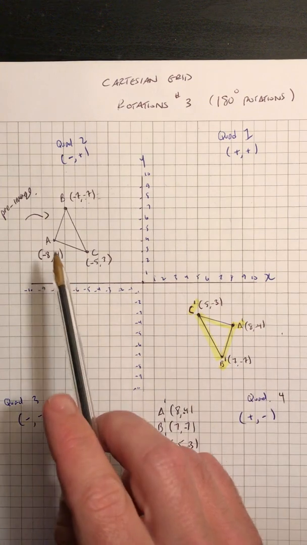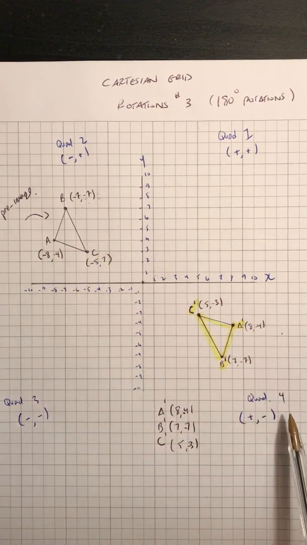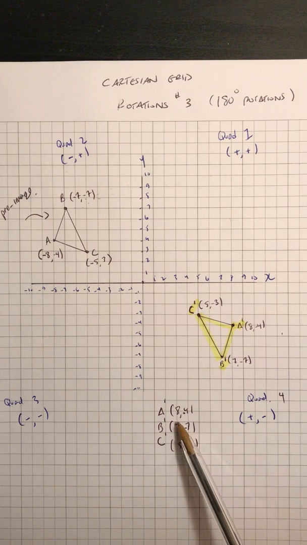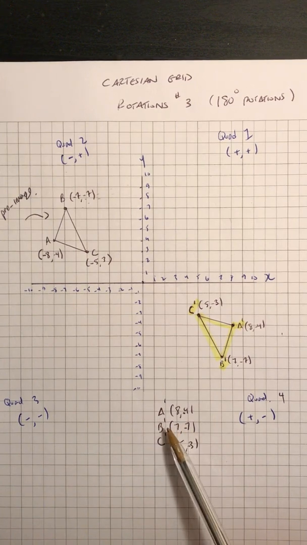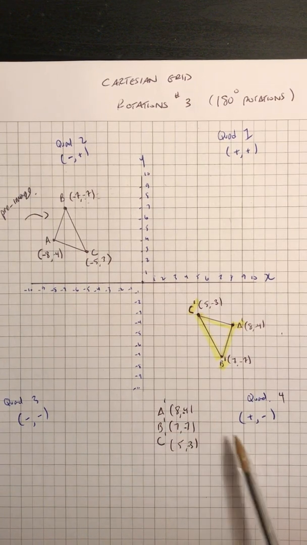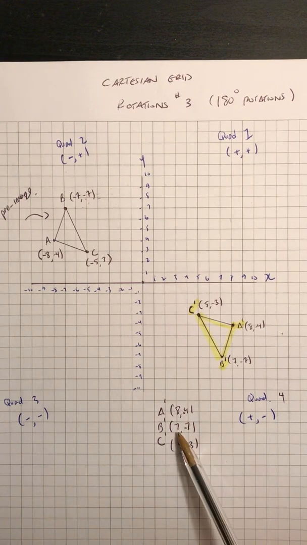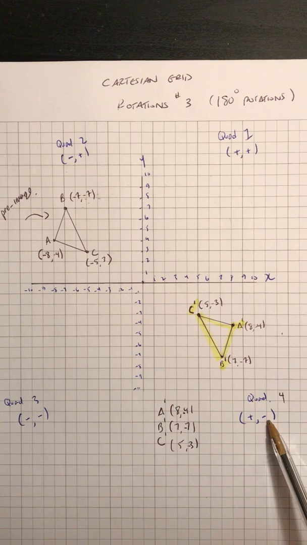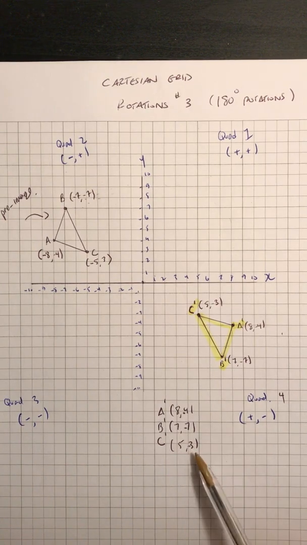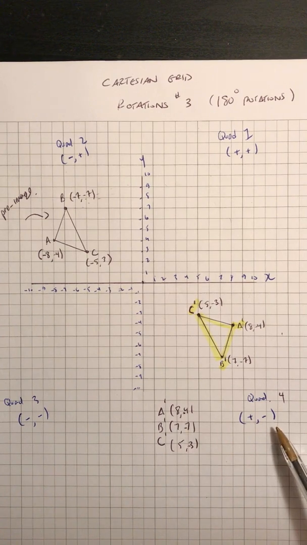Okay, so in this quadrant we started in 2, we rotate to 4. So we have A prime, B prime, C prime: 8, but -4 because we've got that negative on the y. 7, -7 because we've got that negative on that y-axis here. And then we've got 5 and -3 on that y-coordinate, okay?